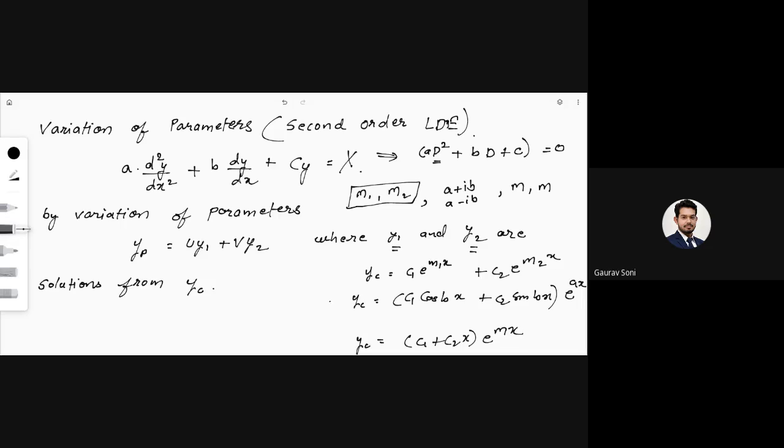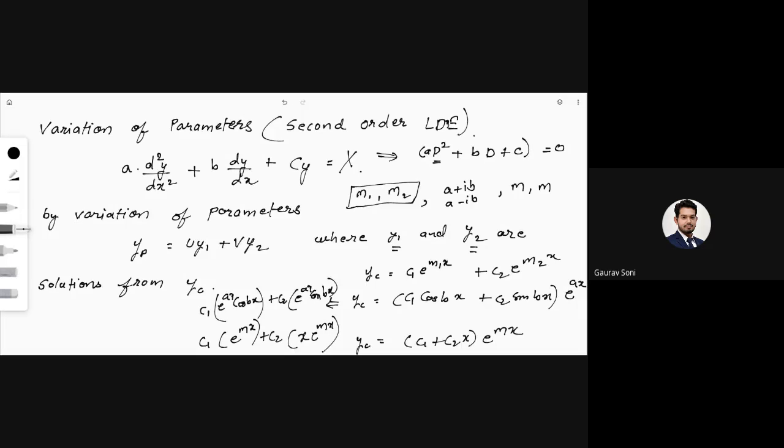If I open the bracket for the second and third ones, I will have c1 e to the power ax cos bx plus c2 e to the power ax sin bx, and in the third, c1 e to the power mx plus c2 x e to the power mx.